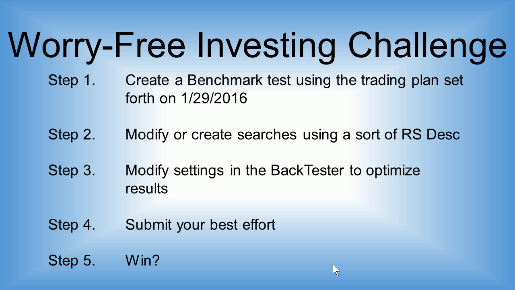Then begin making modifications and make sure you follow the rules as set in the views this evening. Once again, you must use RS descending as your sort, and then you can go in and change various settings in our backtester to optimize your results. We want you to submit your best effort, and then we want to see if you win.